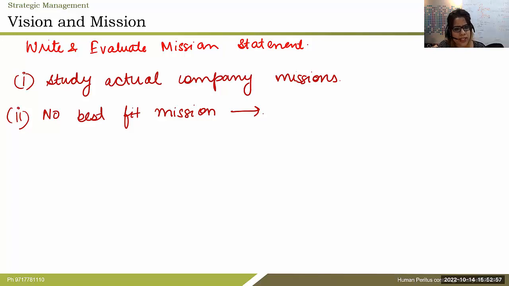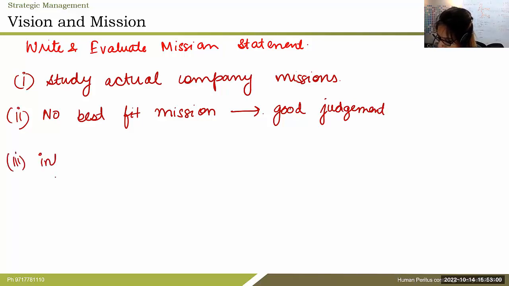So there is no best fit mission, but there could be a good judgment about it. And it should be informative, inspiring, and motivating.